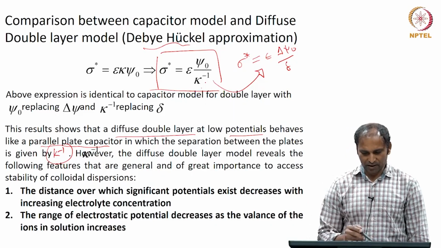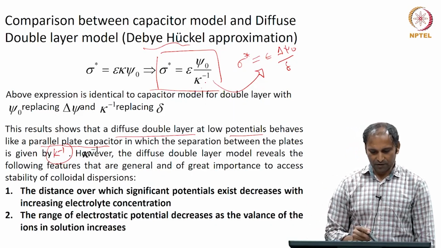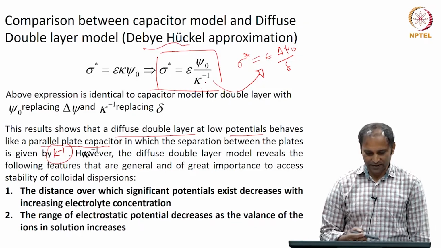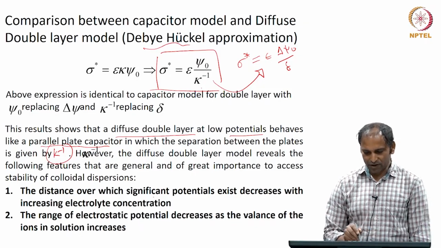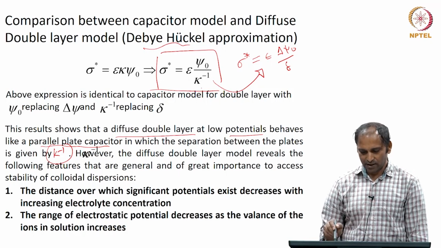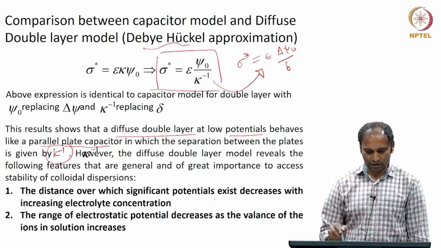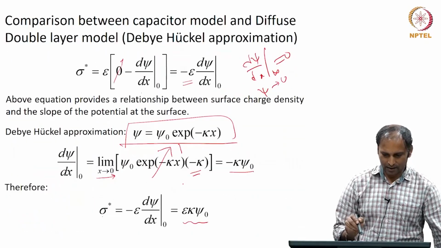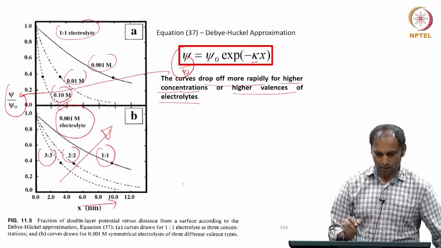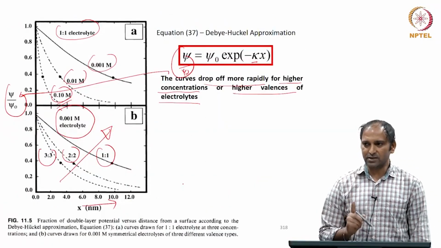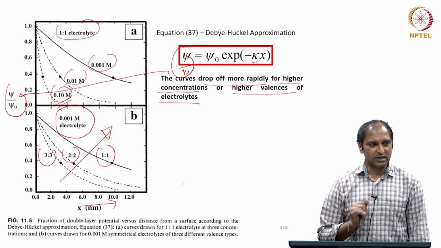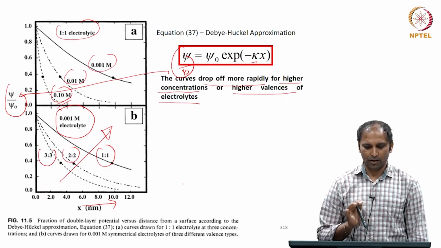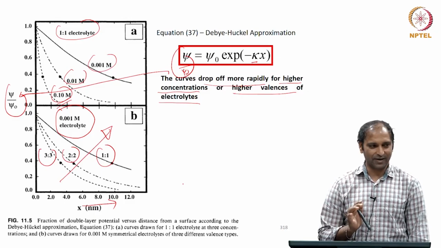But of course, this model captures some really important features. For example, the distance over which significant potential exists decreases with increase in the electrolyte concentration. What I mean by that, if I look at this expression, what do you understand by this statement? The distance at which the significant potential exists decreases with electrolyte concentration, right.